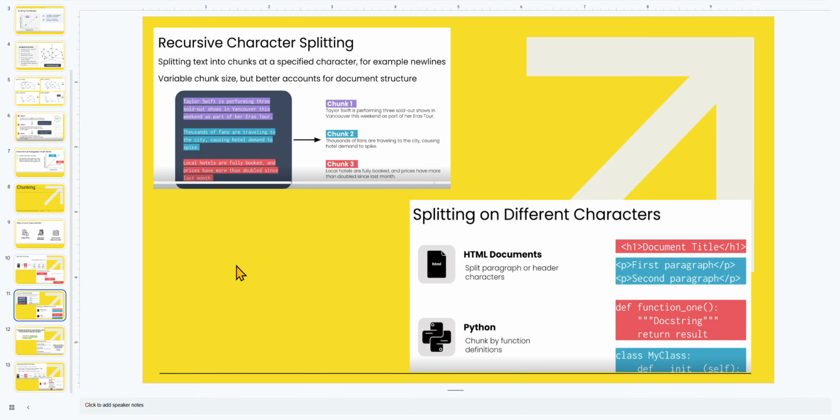Okay, then the next strategy is splitting based on the new line character. So if you want to start a new paragraph, you enter a new line, which means there is a gap between the first paragraph and the next paragraph. And for every new line, you do a chunking.